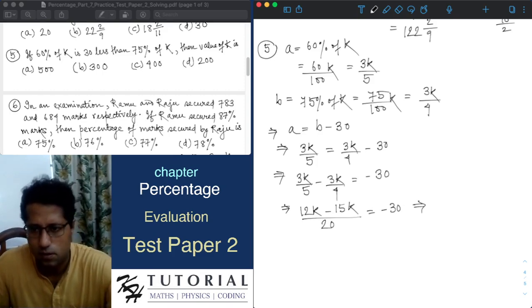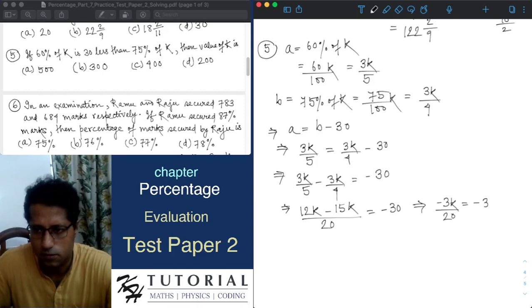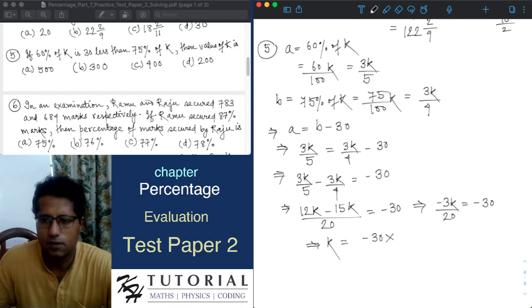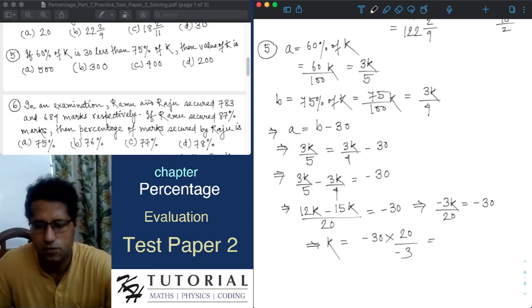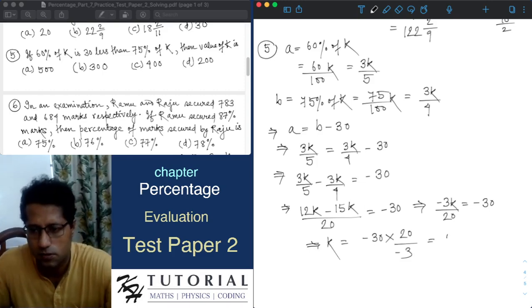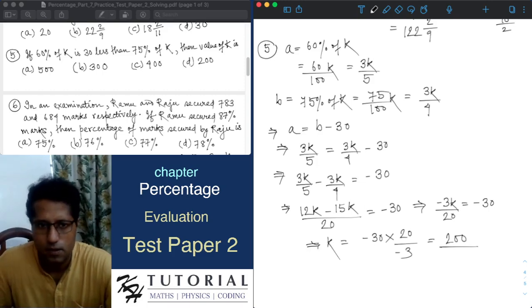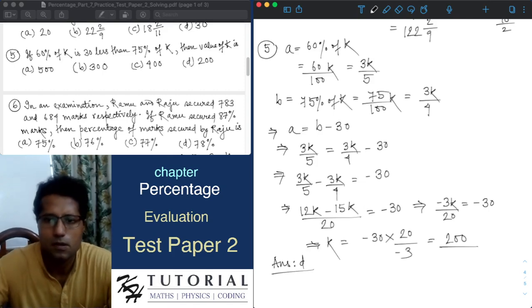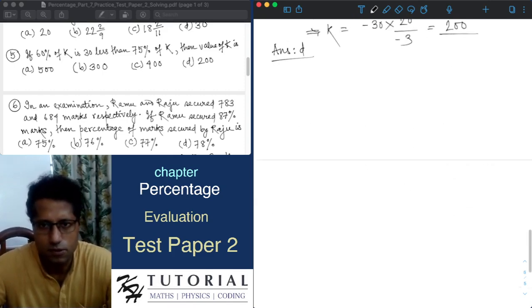This implies minus 3k by 20 equals minus 30. This implies k equals minus 30 multiplied by 20 divided by minus 3. Minus cancels out. 3 divides 30 by 10. So k is 200. So the answer is choice D. Okay, let's do problem number 6.